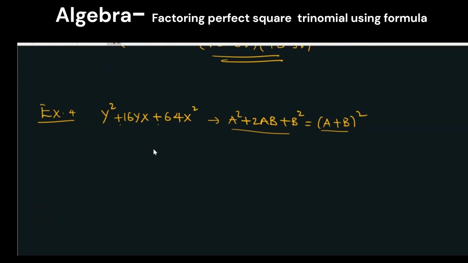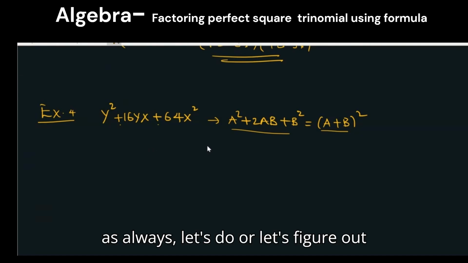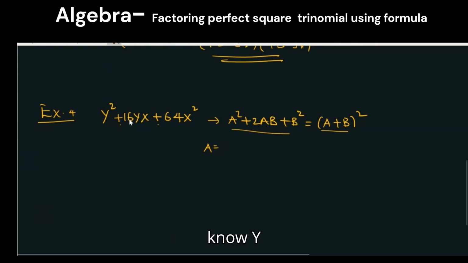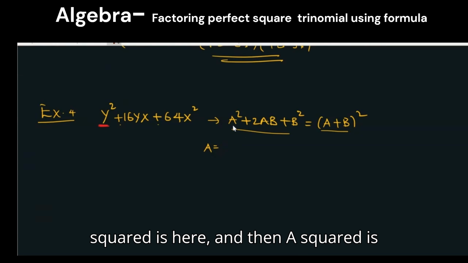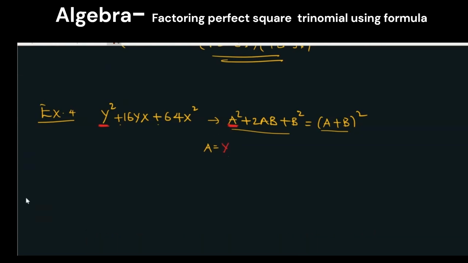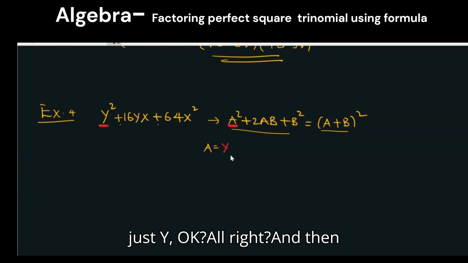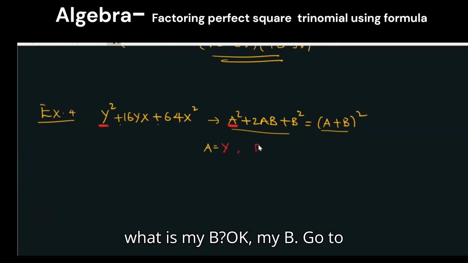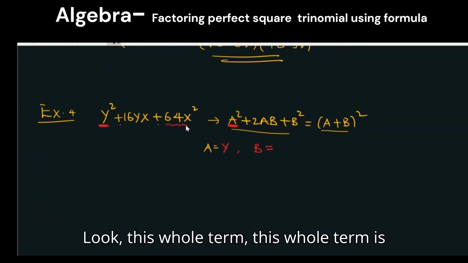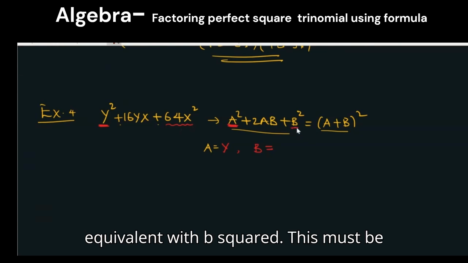So now, as always, let's figure out who is the a. If y squared is here and a squared is here, then a is just y. And then what is my b? Look, this whole term is equivalent with b squared.